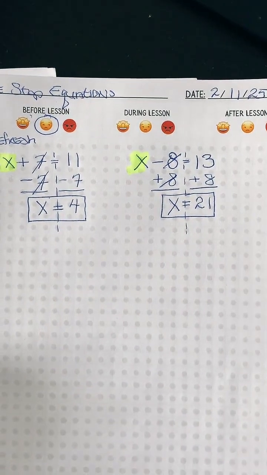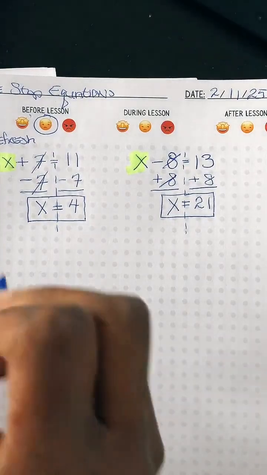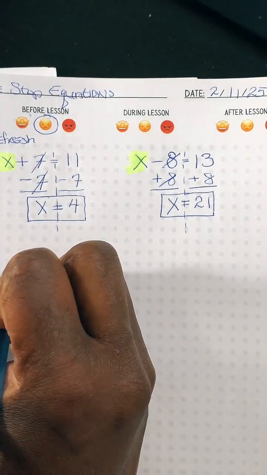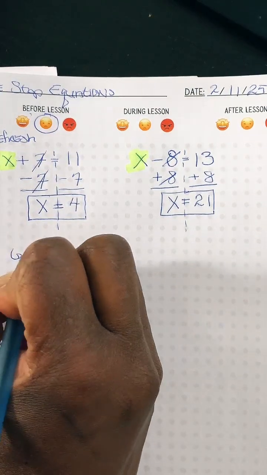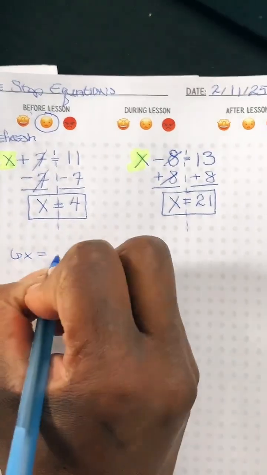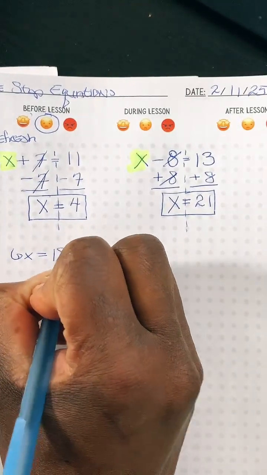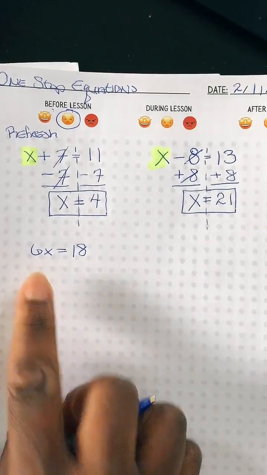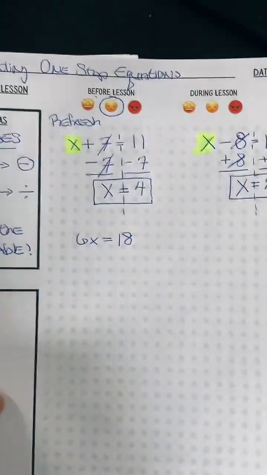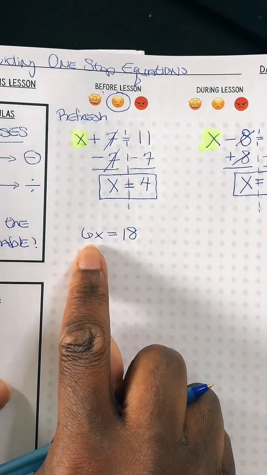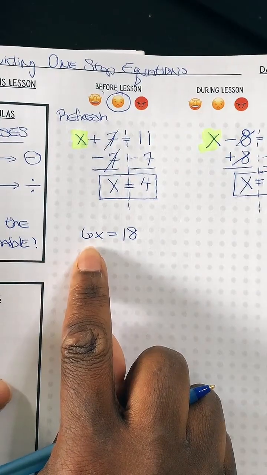And we also talked a little bit about multiplication. So if I have, let's say, 6x is equal to 18. 6x is the same as saying 6 times x. Okay, so that's crucial.